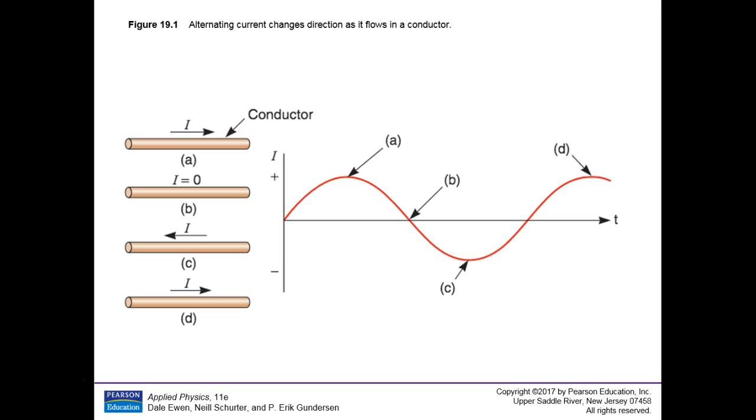Okay, we represent that two-dimensionally as the current being positive, then 0, then negative, then 0, then positive, and 0. This is a sine curve, by the way. So the charge is flowing this way at A, 0 at B, no charge moving at all, this way at C, and then at D, it's back this way again.